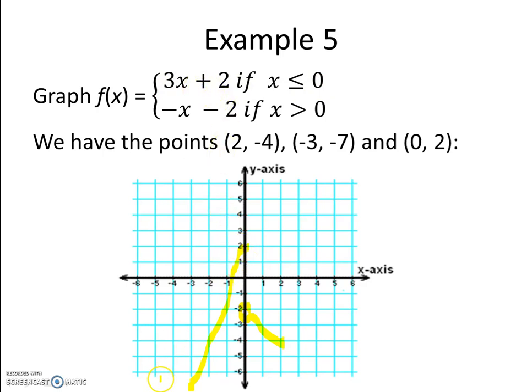There's my y-intercept, and it is a positive slope going uphill left to right. On the right side, where x is greater than 0, we didn't include -2 because its x is greater than 0. It does look like that slope is a -1, so I think we're good. That's our graph of our piecewise function.